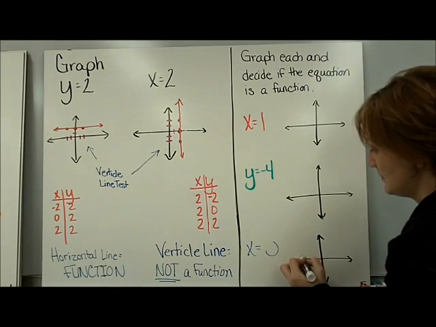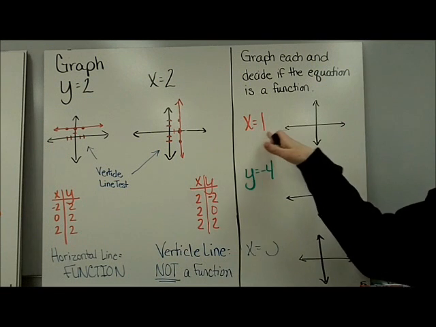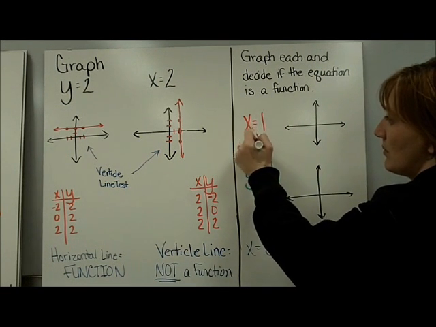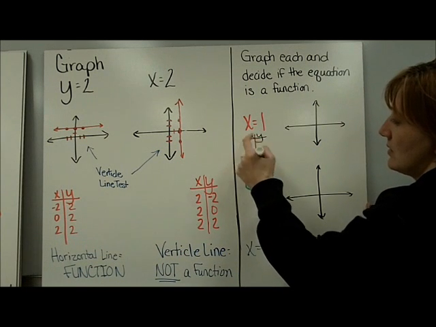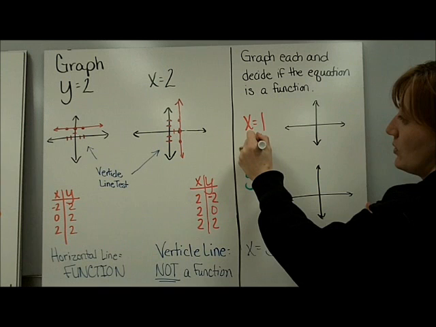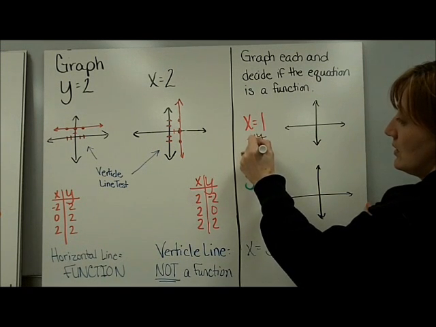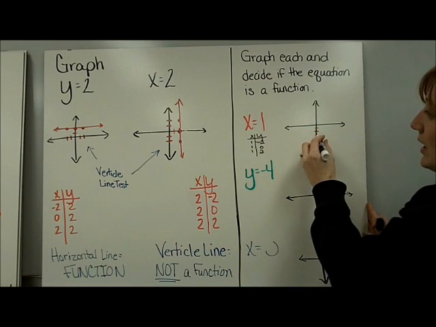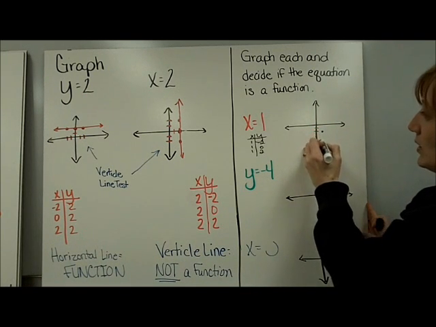On to this one. X equals 1. All values in my XY chart, if I put, are going to equal 1. X, I could put in for a -2, a 0, and a 2. At -2, x will still equal 1.